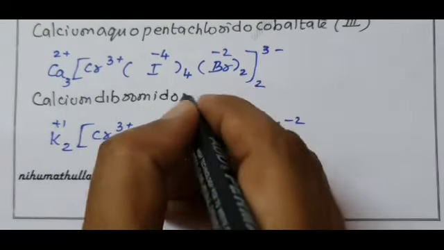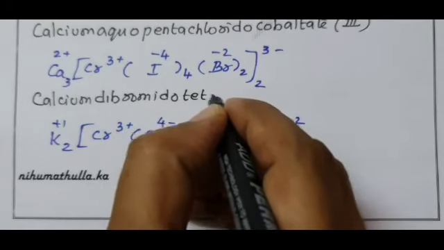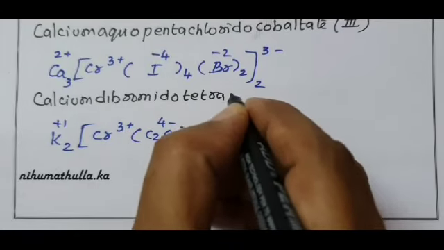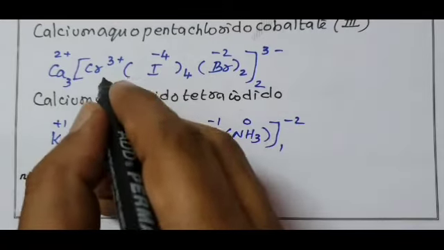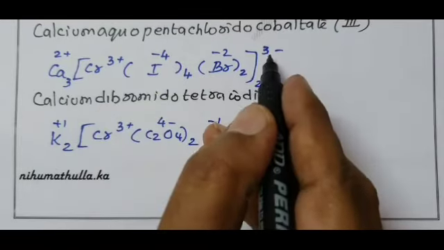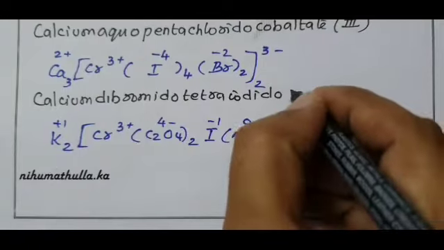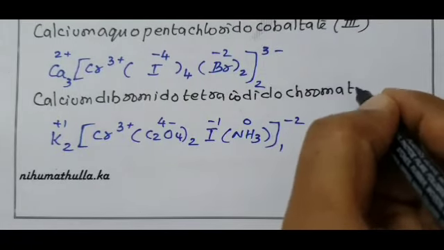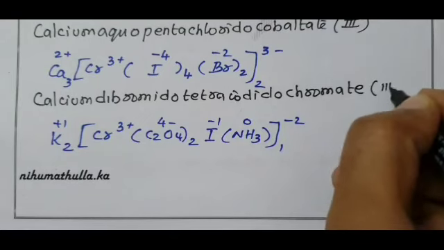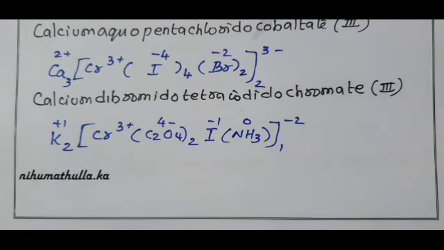How many iodido? 4. Tetraiodido. What is the central metal ion? Chromium. It is an anionic complex. Therefore, the name is chromate. Oxidation state of chromium in this complex is 3.